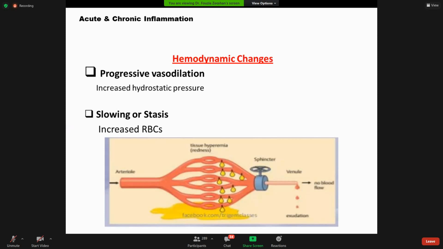The RBCs get attached to each other and form a stasis-like appearance. Due to this, there is an increase in viscosity of blood because all other cells and particles have migrated outside. Only RBCs are left behind. So these RBCs cause stasis or increase in viscosity of blood.